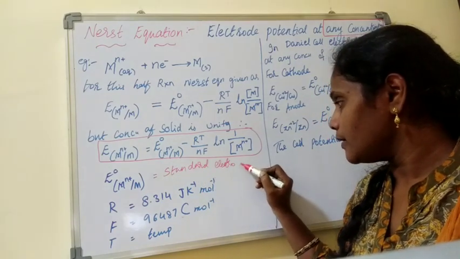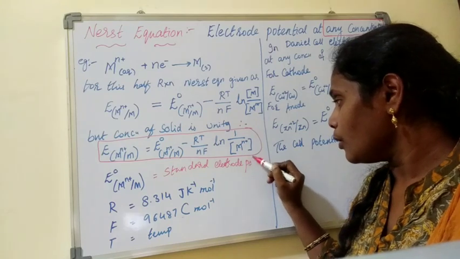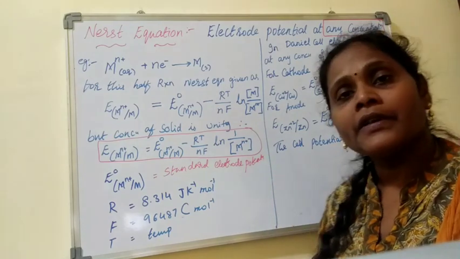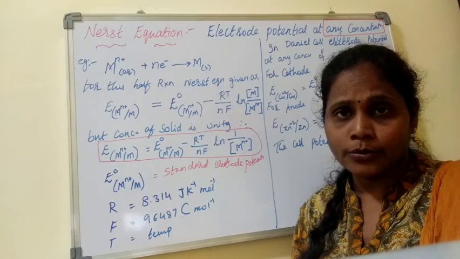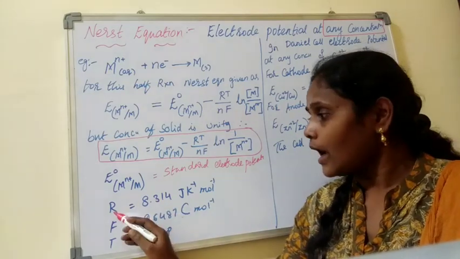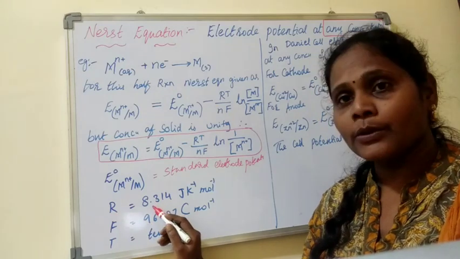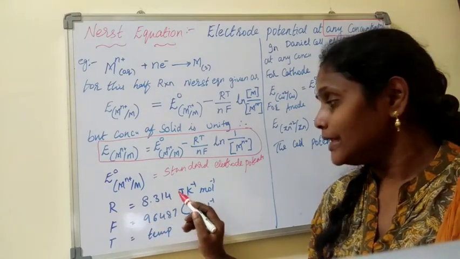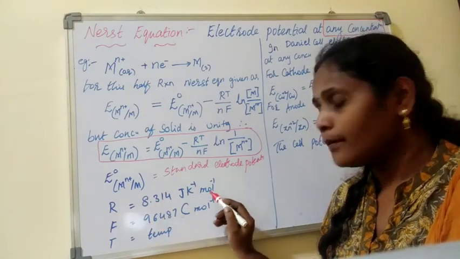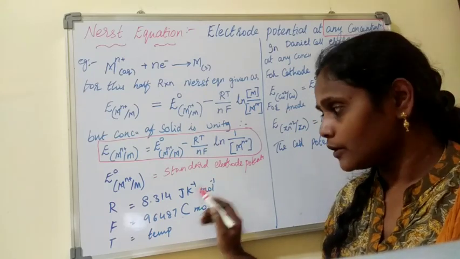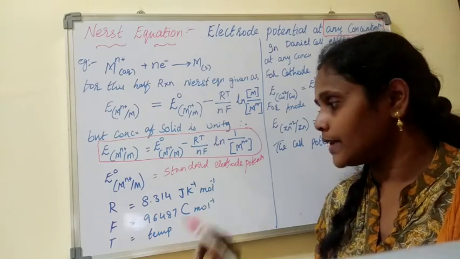Already we know about it, and we even know different elements' standard reduction potentials. Similarly, R is the universal gas constant, everybody knows this, and its value is 8.314 joule per Kelvin per mole. It's constant, it won't change, so as it is we can substitute.